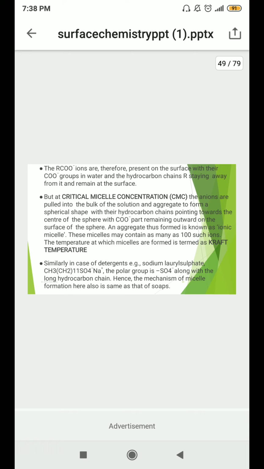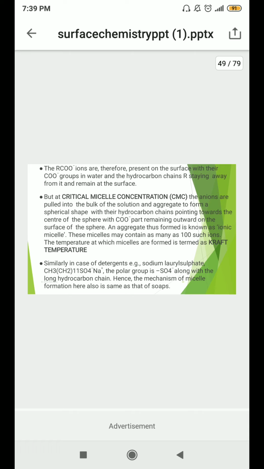So the RCOO⁻ ions are present on the surface with their COO⁻ group in water, and the hydrocarbon chains stay away from it and remain at the surface. But at the critical micelle concentration, that is CMC, the anions are pulled into the bulk of the solution and aggregate to form a spherical shape with the hydrocarbon chains pointing towards the center of the sphere, with the COO⁻ part remaining outside on the surface of the sphere.